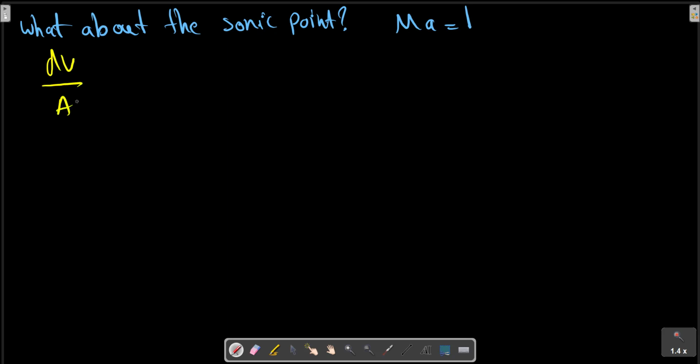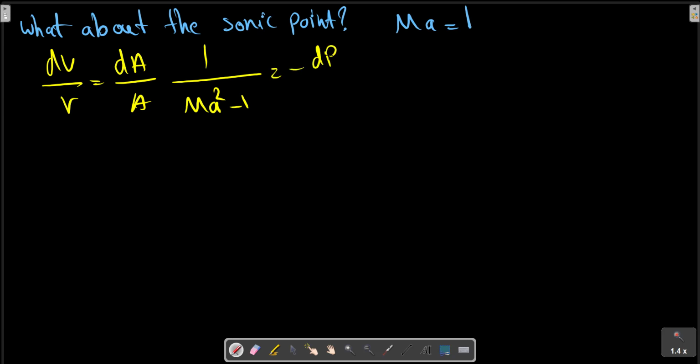We have this relation on rho V squared. At the sonic point, where Mach equals 1, we have a singularity, so if dA equals 0, dV can be finite.